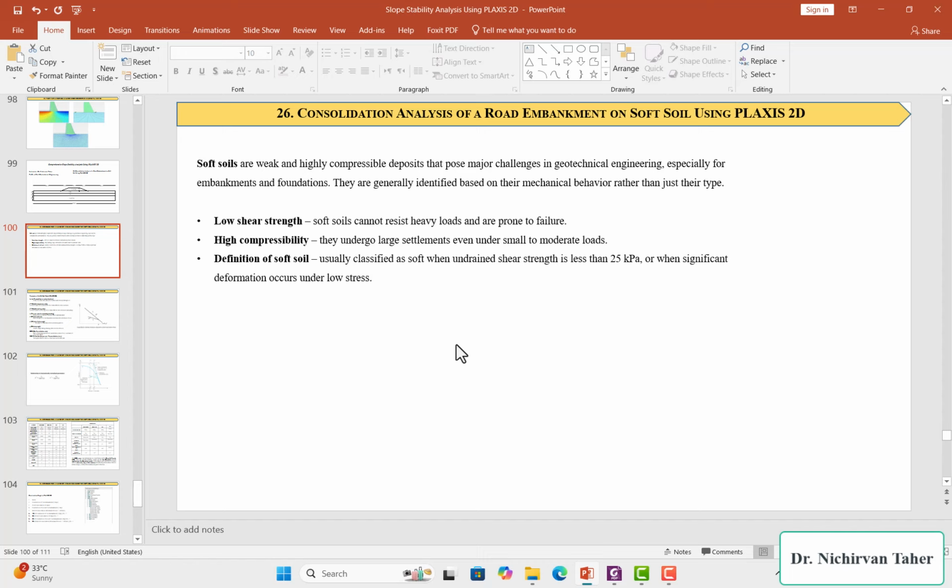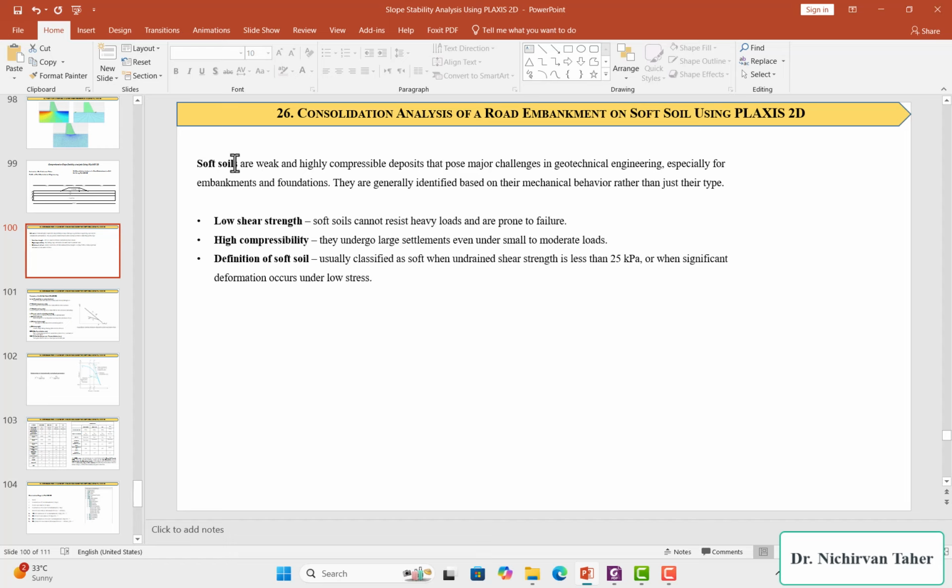So before starting modeling in PLAXIS 2D, let us shortly talk about the soft soil. The soft soil is a weak and highly compressible soil, and it is the most challenging in geotechnical engineering projects such as embankments and foundations. This type of soil is identified based on its mechanical properties rather than its type.